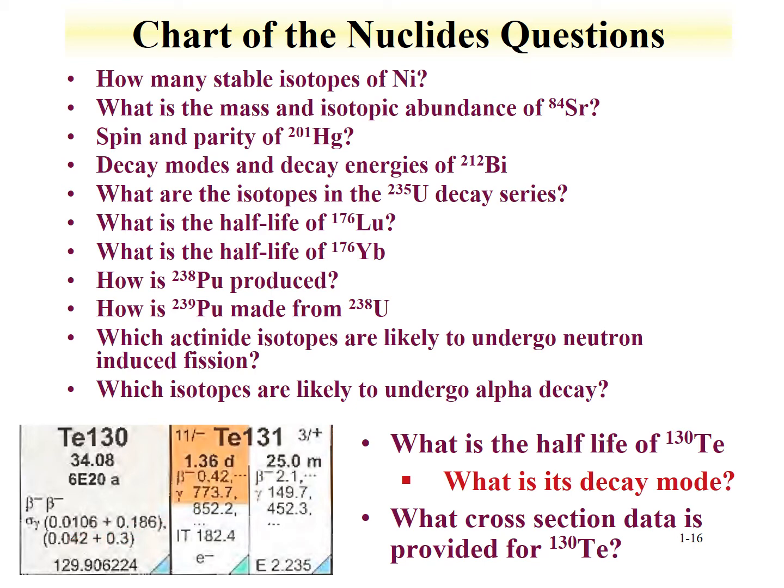So I have 4 different reaction cross-sections to consider, because depending upon the energy, if a neutron hits tellurium-130, the neutron energy for thermal neutrons is described here. It can make this metastable or this ground state, and a more energetic neutron can make this metastable or this ground state.